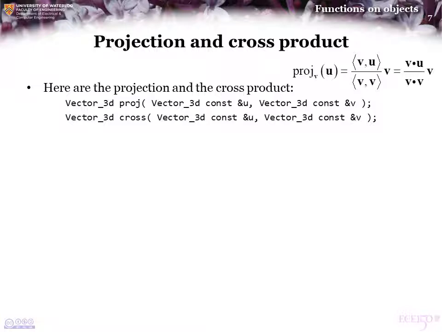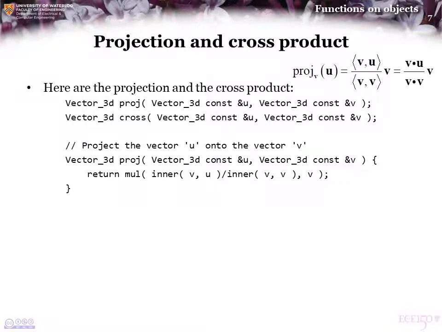Now, you might want to implement this, but notice that each of those operations has already been implemented. We've already written functions that calculate the inner product of two vectors, and the ratio of two inner products is a scalar, and we have therefore already implemented a function that does scalar multiplication.